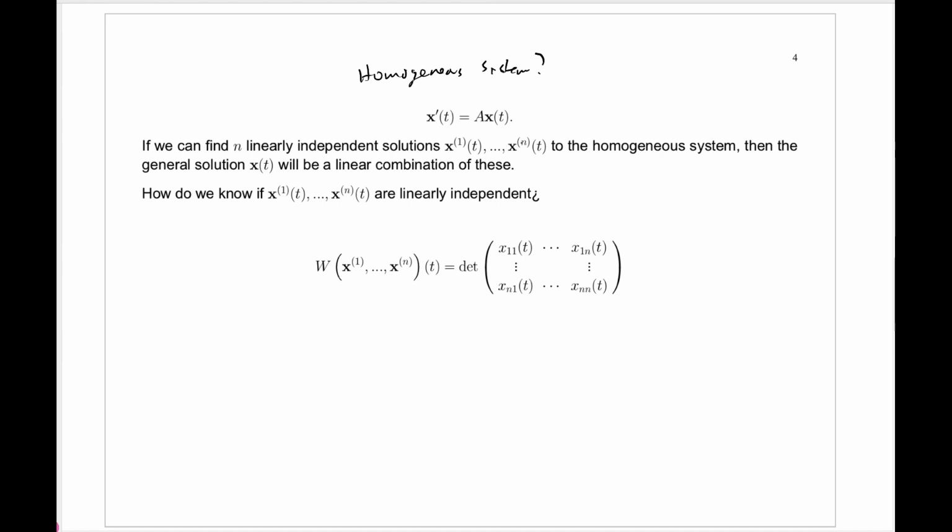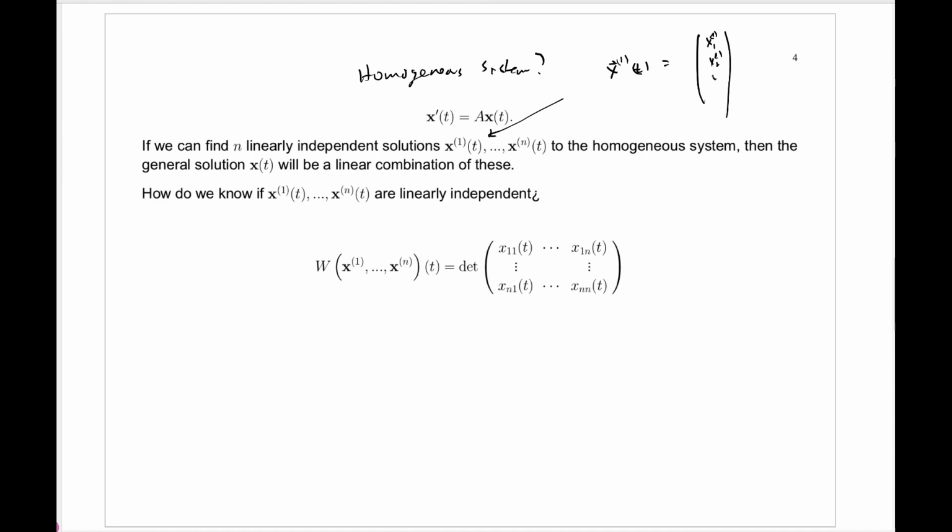But what would it even mean to have one solution? When I talk about a solution, x^1, the 1 is just in the superscript, that just means it's some vector function of t. This is just some vector function of individual solutions. I'll call this x_1, x_2.